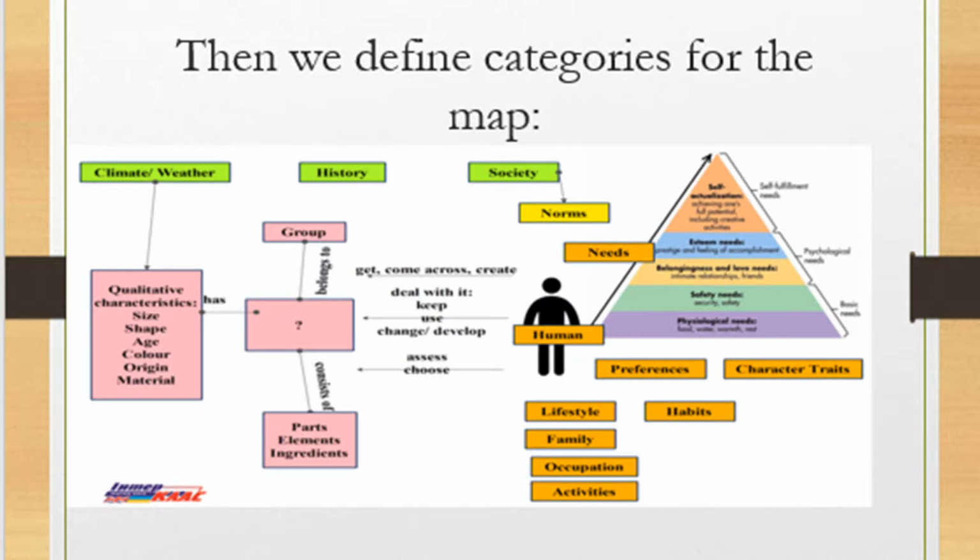We can also think of its parts, and we can give some idea about its characteristics, and also we can talk about a human and how a human relates to this or that thing.